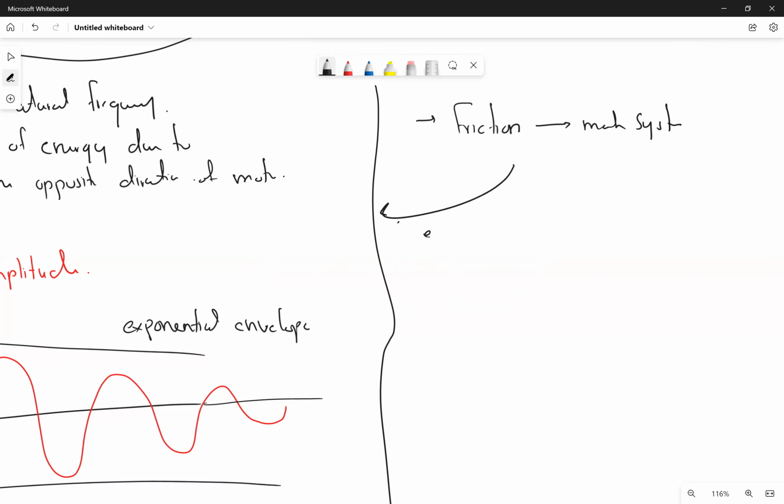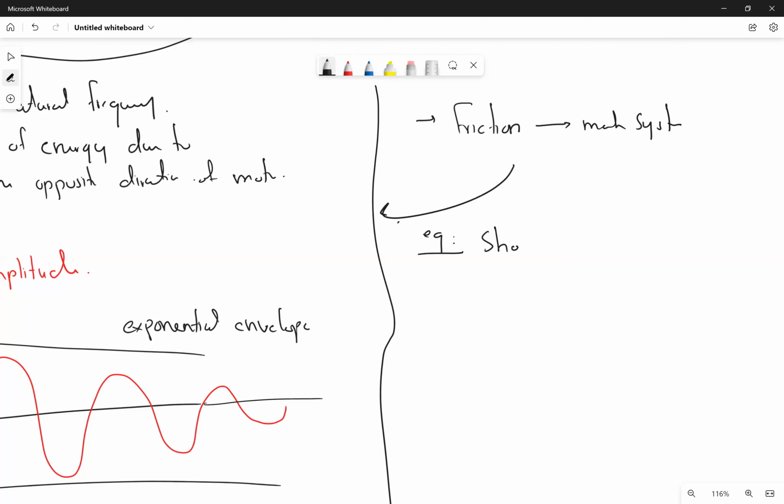Number two, if you look at one of the applications of this, you must have often seen the springs and shocks in cars. What do they do? They avoid vibrations after a jump. So springs basically are damped by these shock absorbers.